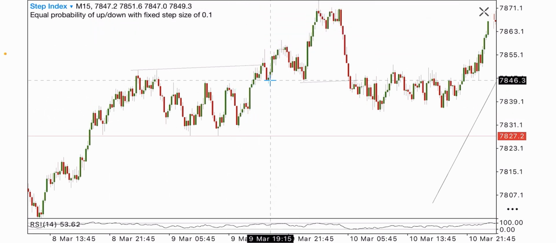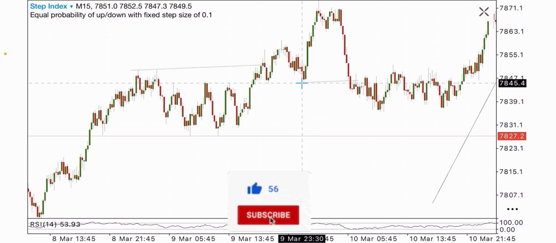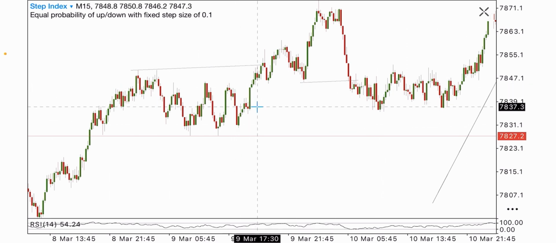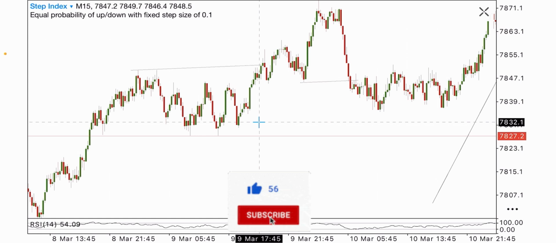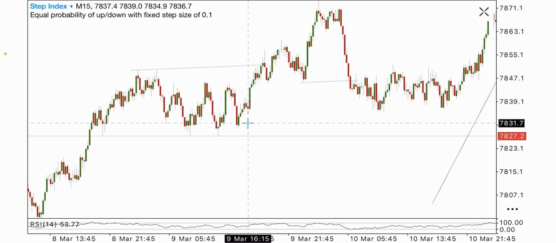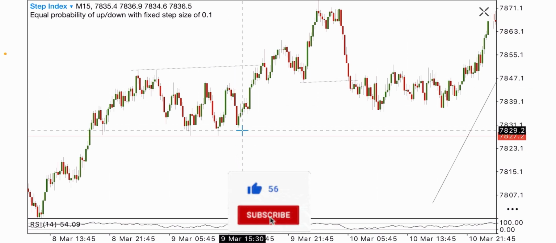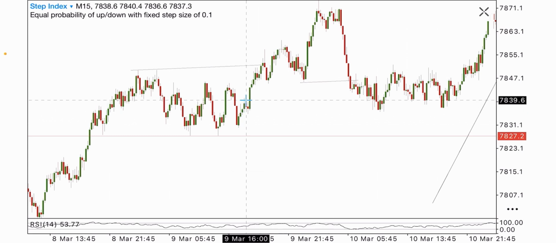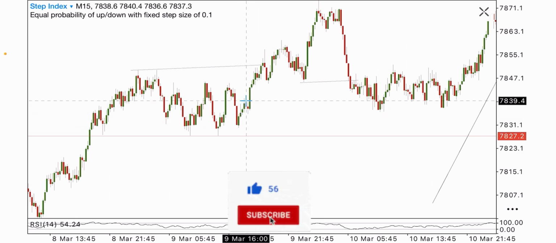Now since I've already confirmed my inducement, I want to look at the left side, and I need to look at one and two things. First, I want to look at the last buy move, the last sell move.